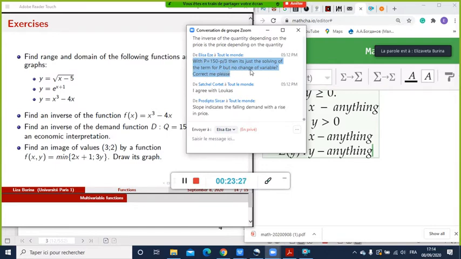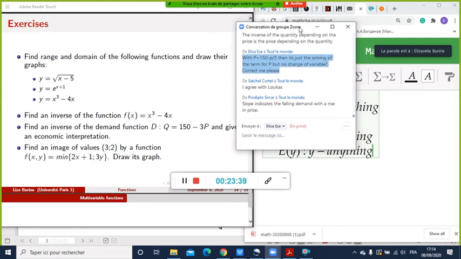I mean, it's expressing p in terms of q. Not so sure if I understand correctly Elisa's question, when p equals 150 minus p over 3. Like, it's already an inverse, what you wrote.